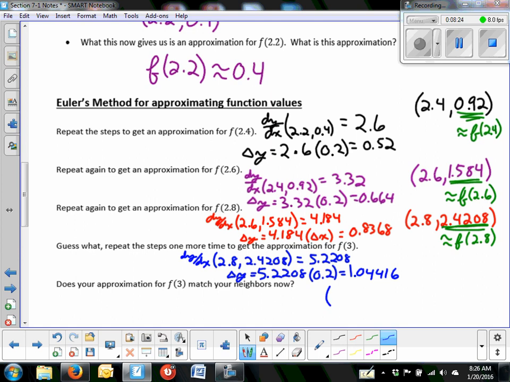So I now have a new x of 3, and my new y will be the 2.4208 plus this 1.04416, which is 3.46496. And this is the approximation for f of 3.